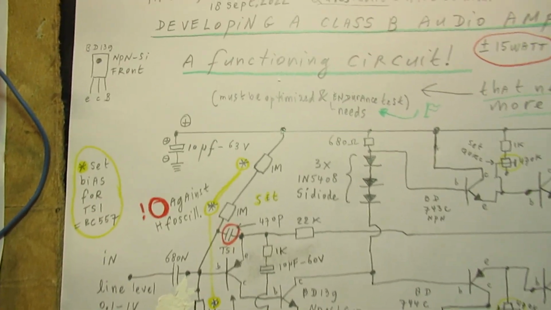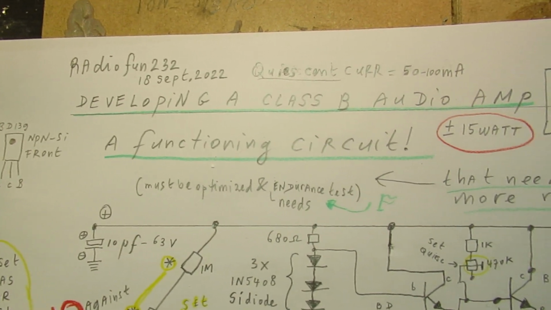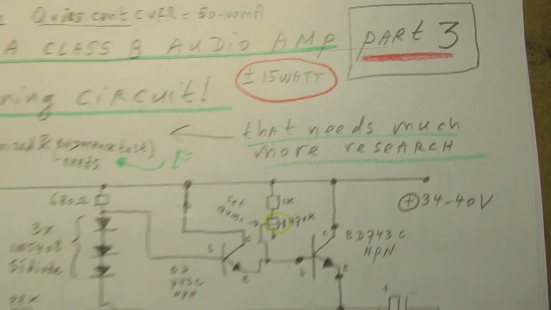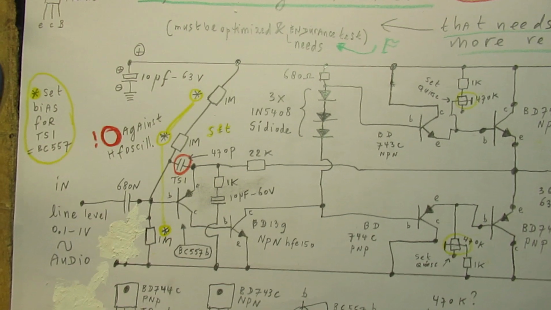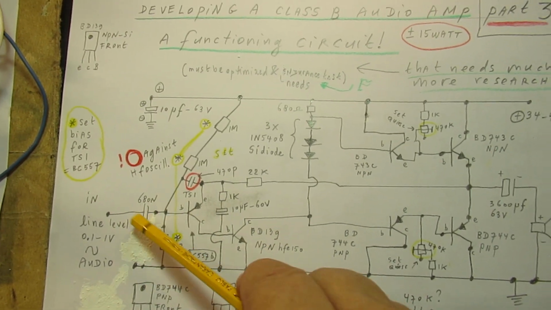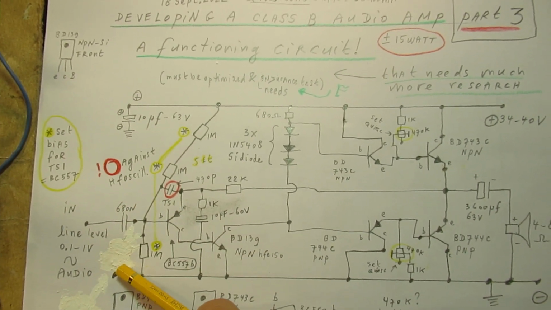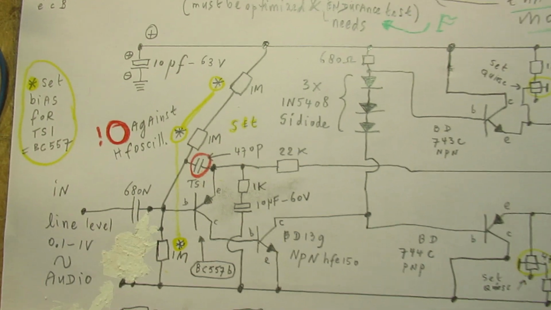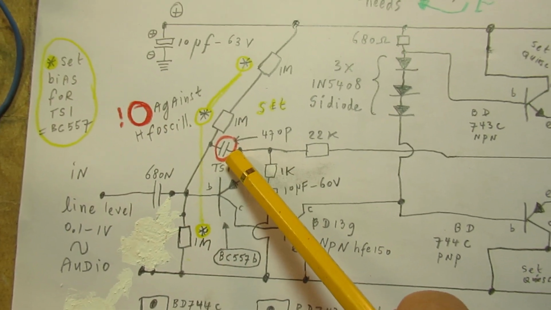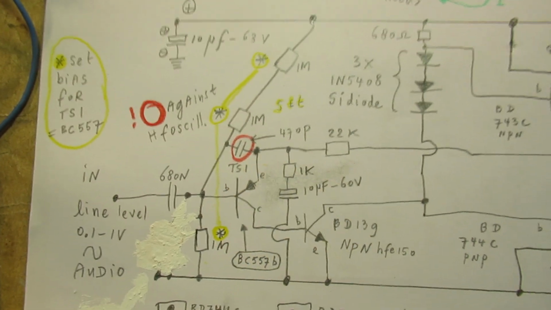There are of course many things to further develop in this circuit. It needs much more research. I had a small problem of oscillation when the input impedance, the input resistance, was not connected, and that's the reason why I connected here this 470 picofarad capacitor between the base and the collector.